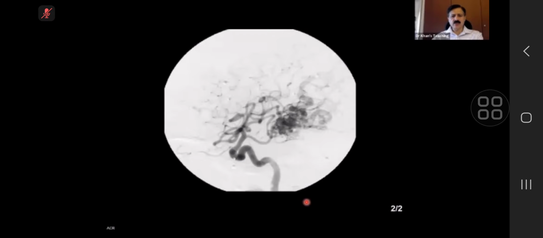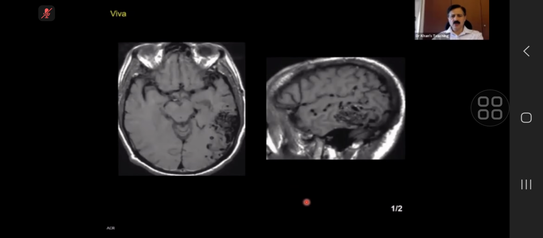This is a DSA, but don't ask for a DSA in this scenario, just ask for a contrast study. Now, please remember, AVMs are devoid of any mass effect. So you can see this brain, and there is no mass effect there.